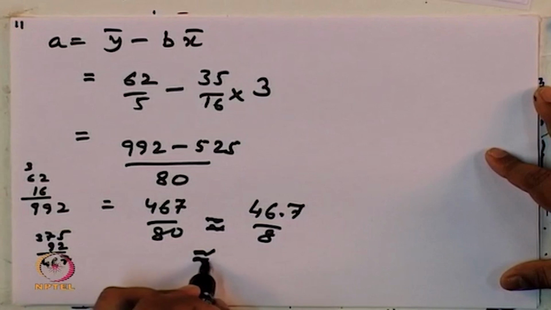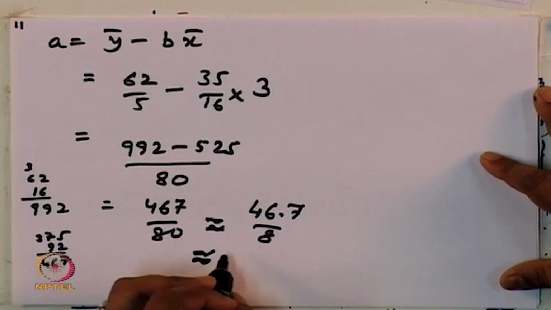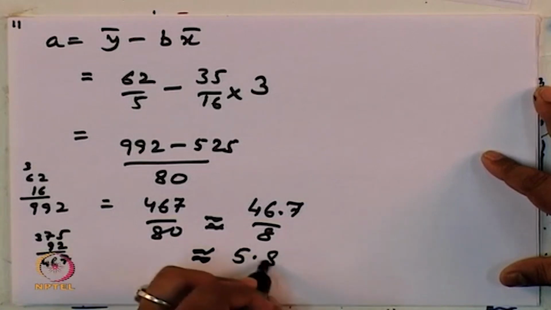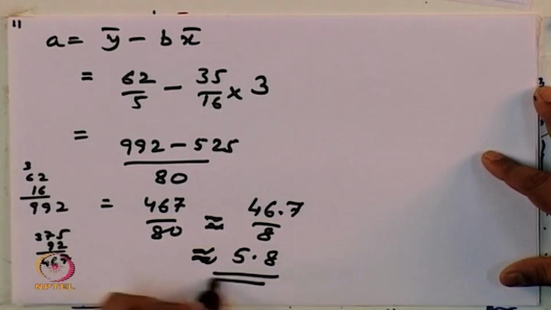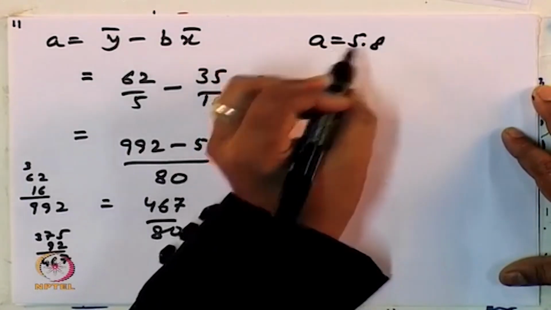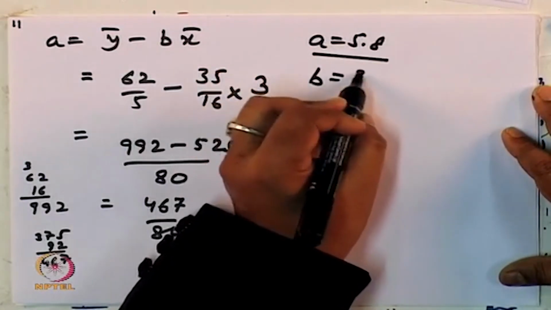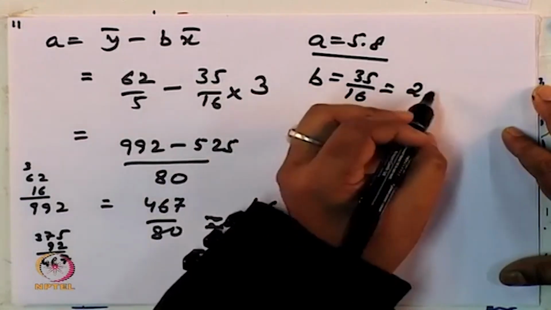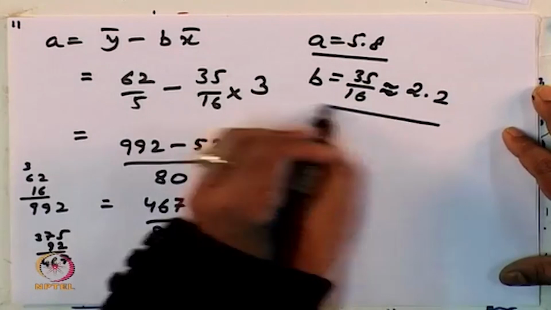So, a is 5.8 and b becomes 35 by 16, which is approximately 2.2.